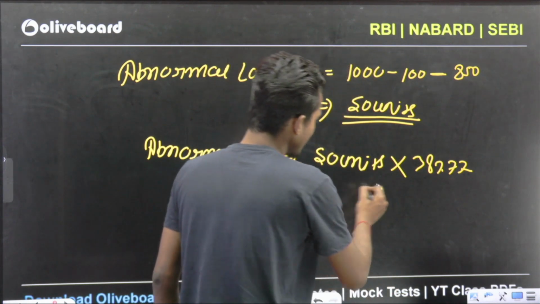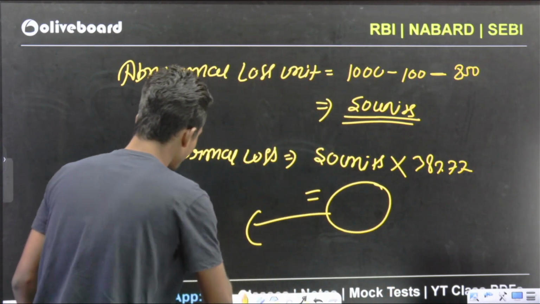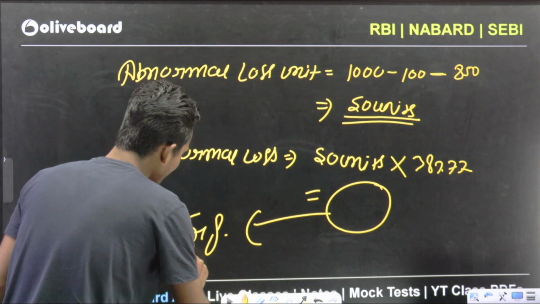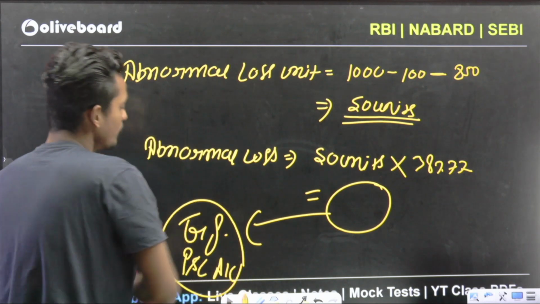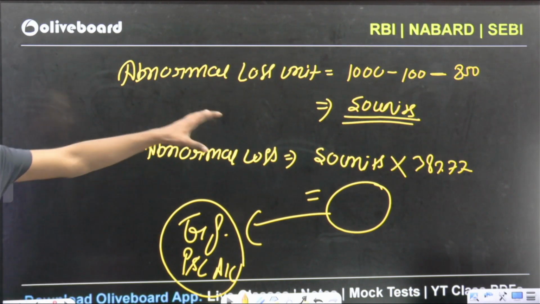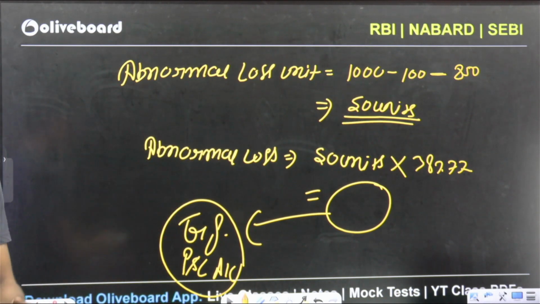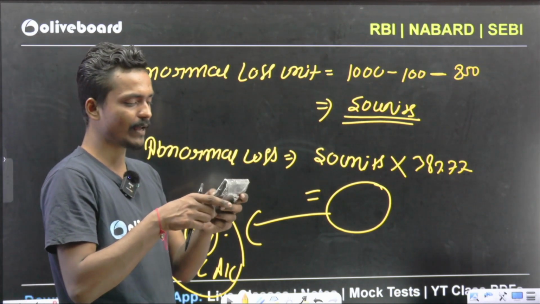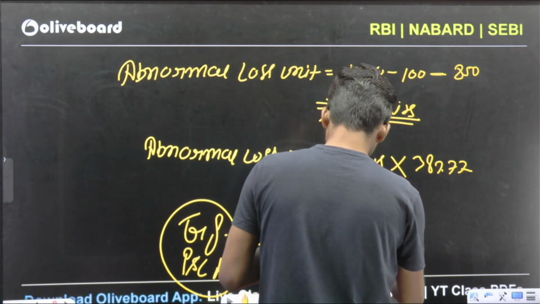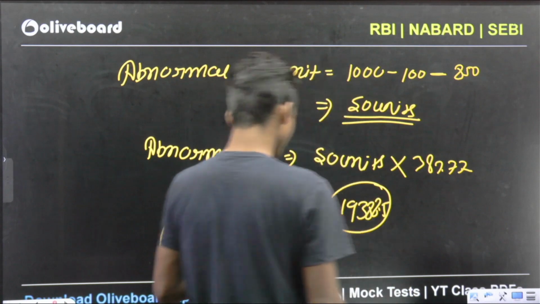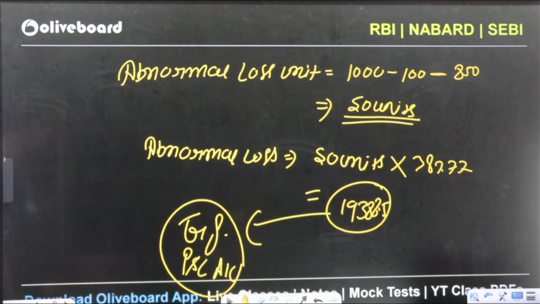So this amount I have to transfer to the costing P&L account, because I cannot recover this amount of loss from the customer. So 50 multiplied by 387.77 is 19,388.5, which I have to transfer to the P&L account.